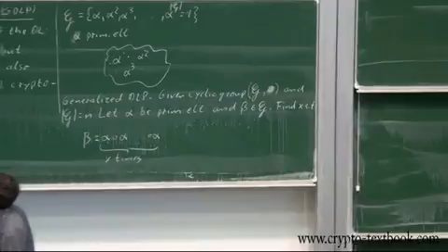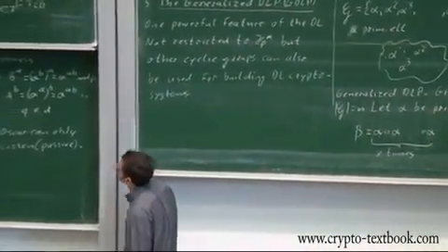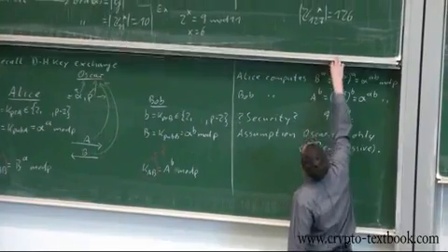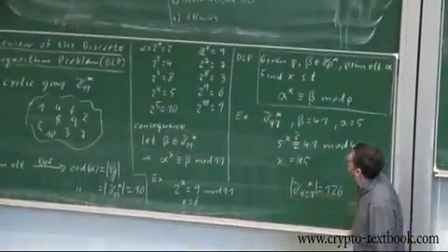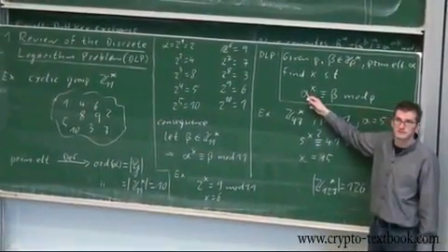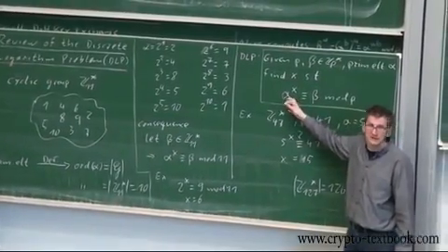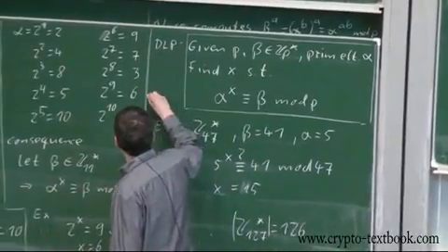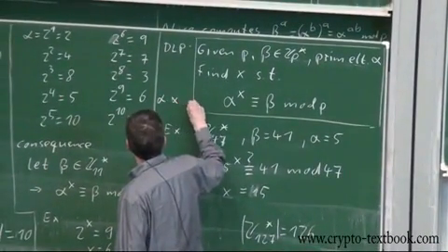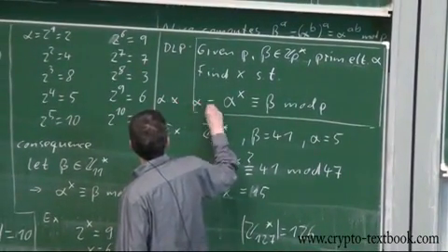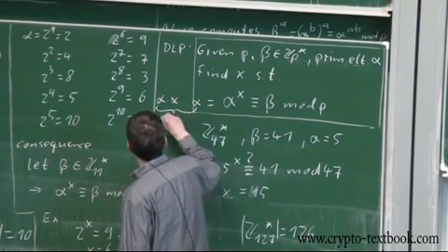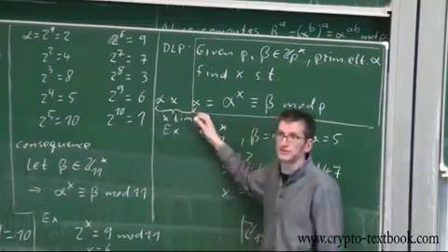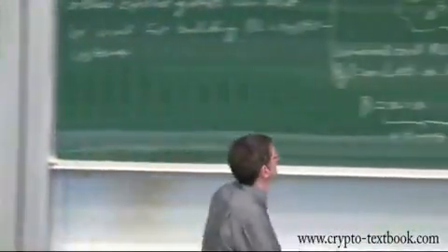We had that before. If I write alpha to the x, what this really is is alpha times alpha times alpha, x times. That's what I'm doing here.